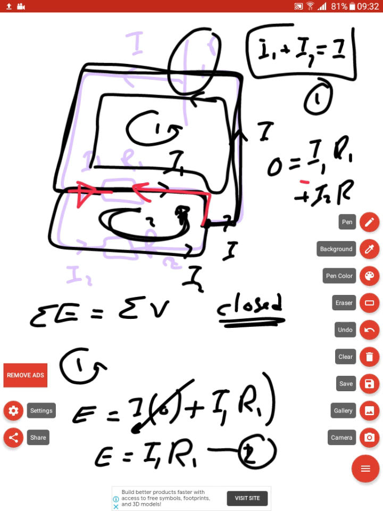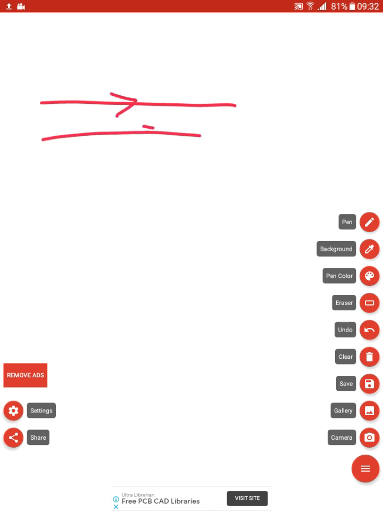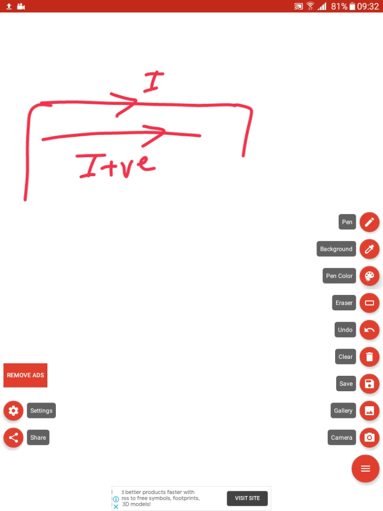This is an important rule: when you pass through in the same direction as the current in the wire, the current is positive, and when you move in the opposite direction to the current, you put the value of current negative.